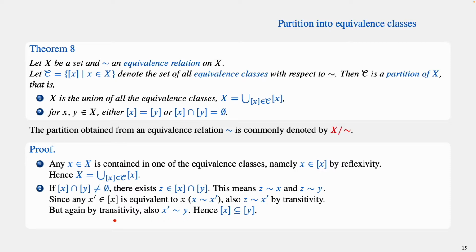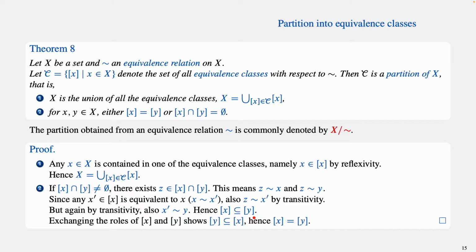And again, by transitivity, X prime is also equivalent to Y. So because X prime is equivalent to Z and Z is equivalent to Y, then this means X prime is equivalent to Y. So X prime is contained in the equivalence class of Y, and this proves that the equivalence class of X is contained in the equivalence class of Y.